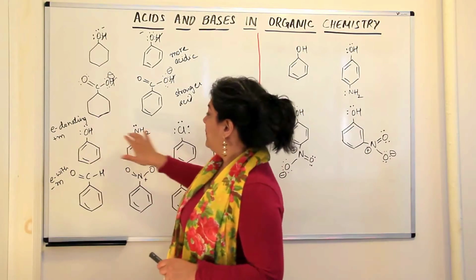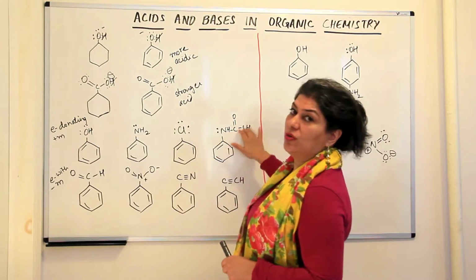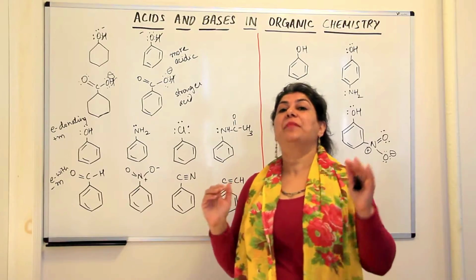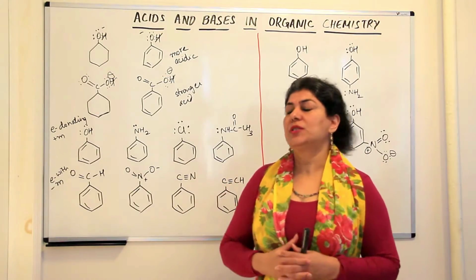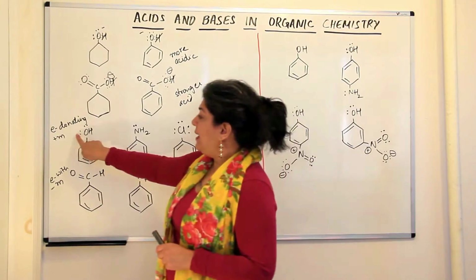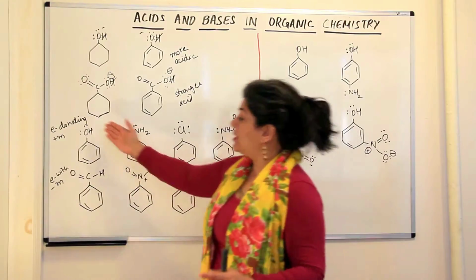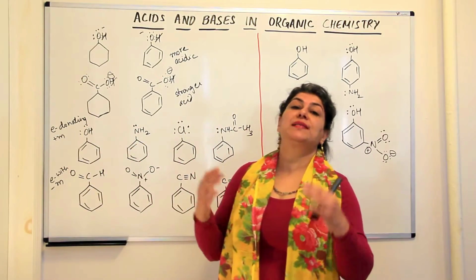Now OH, NH2, Cl and NHCOCH3 are groups which have a plus M character, or a positive mesomeric effect. What is a positive mesomeric effect? Any group that has lone pairs of electrons available to participate in resonance in the benzene ring has a plus M effect.